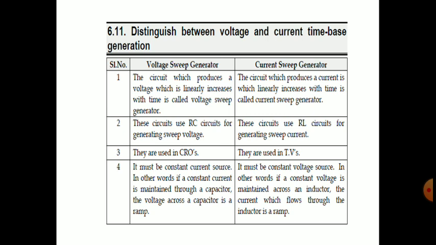Now, the circuit which produces a current which increases linearly with time is called a current sweep generator.